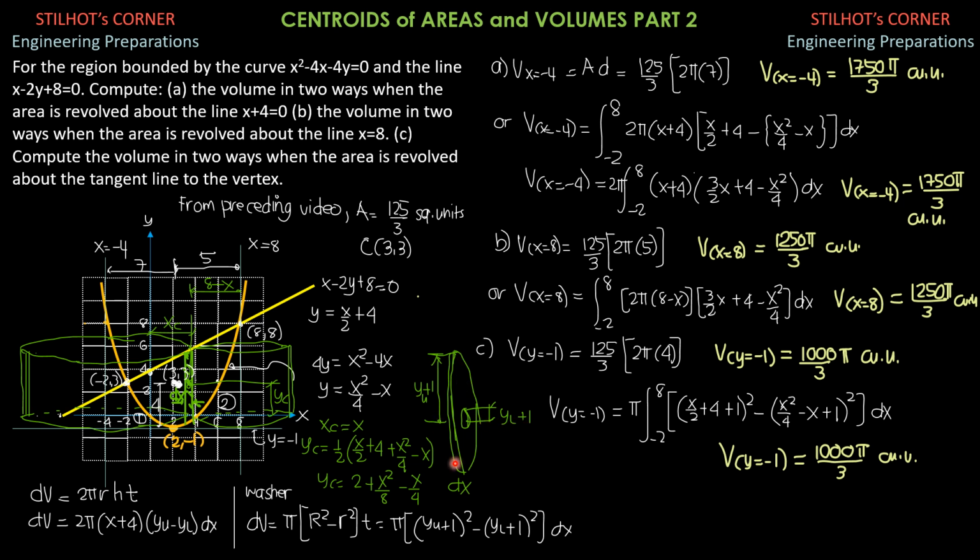So for this disc, the differential volume is the area of the big circle minus the area of the small circle, times the thickness, which is dx. This is the guide.